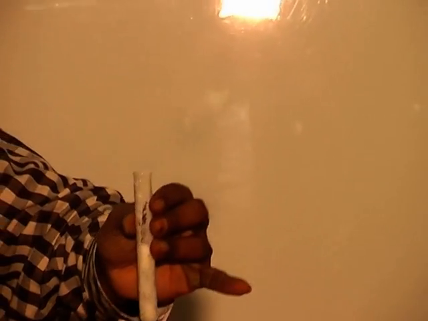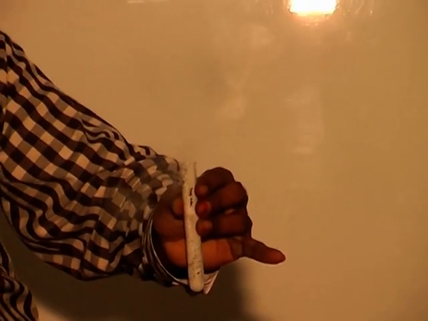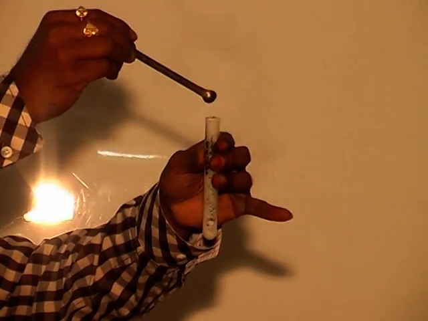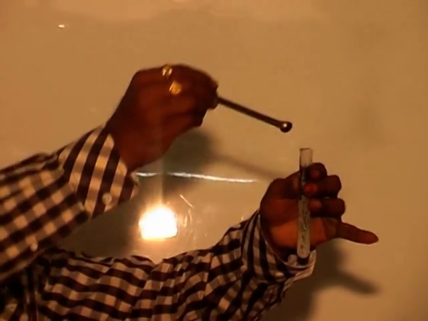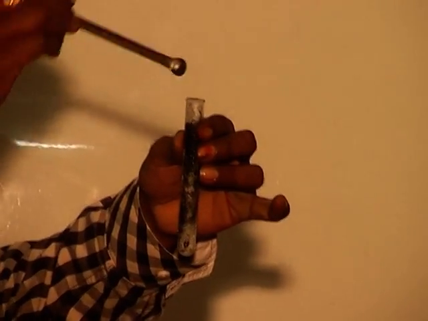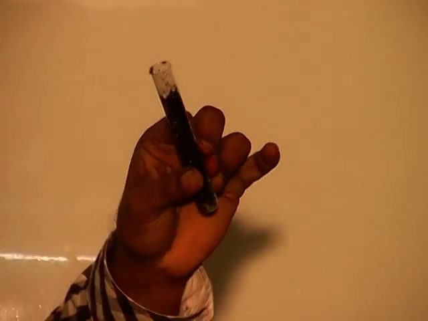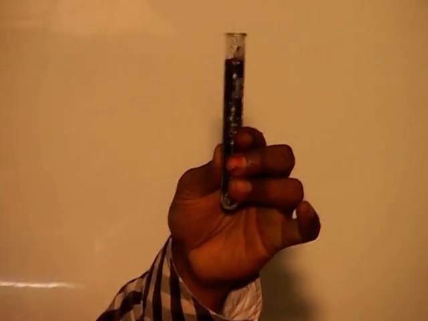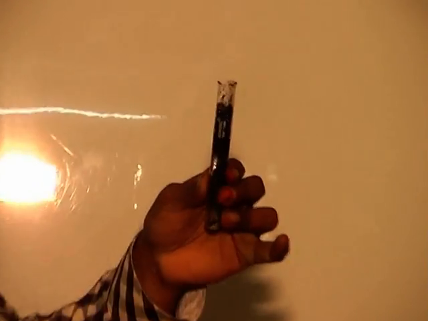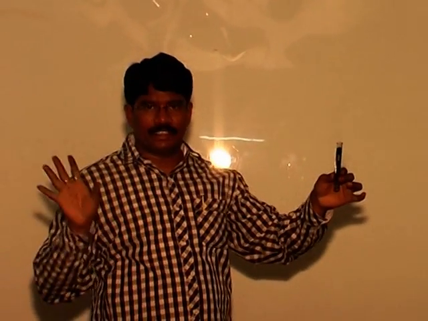After that, I am adding manganese dioxide. If we observe the inner walls of the test tube, we will see that yellowish green gases are evolved. If yellowish green gases are evolved, then again we need to mention that chloride may be present.